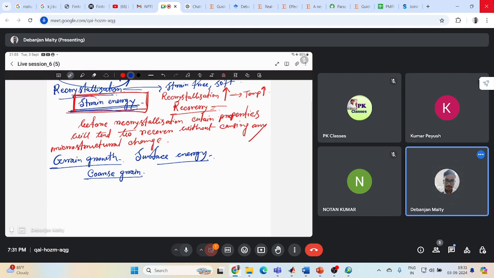So I was talking about the total grain boundary area and total surface energy, with some abbreviations. These will be reduced whenever coarser grains are present, or during the progression of grain growth.